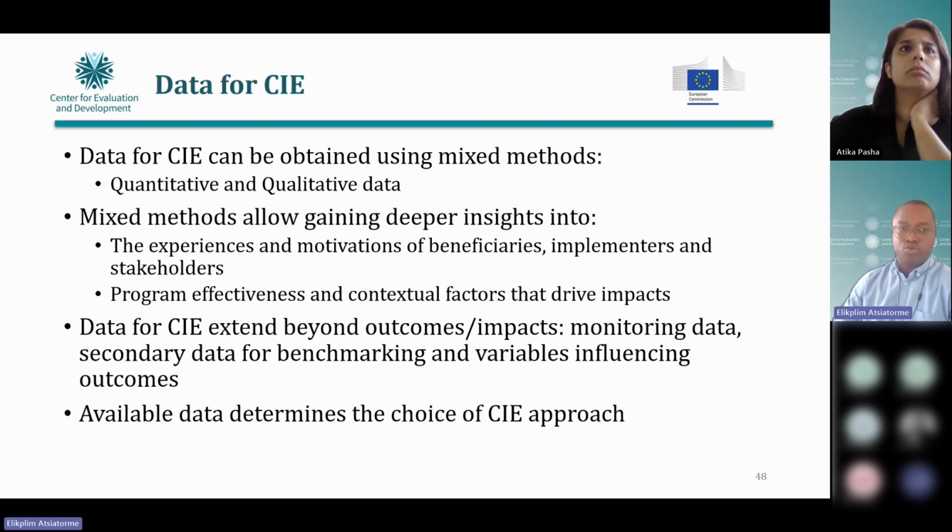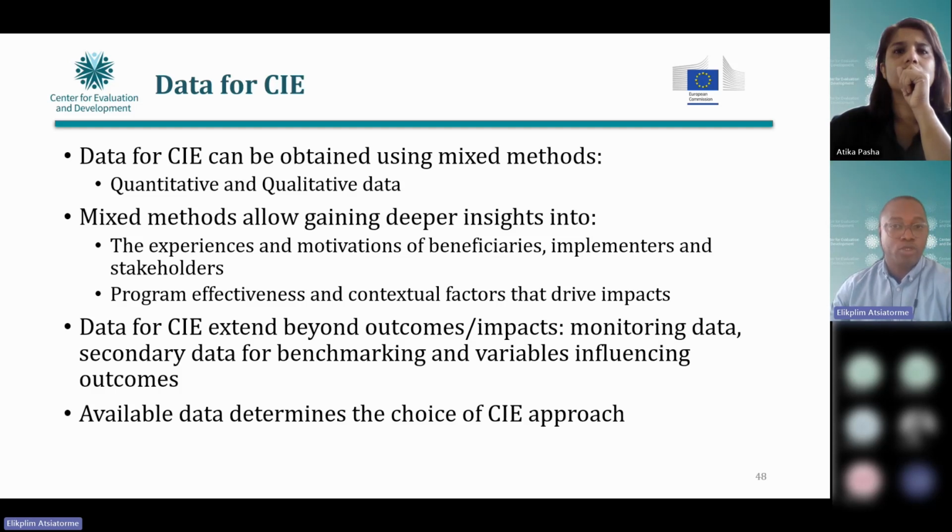And we also stressed the importance of data by talking about some of the other uses that we could use the data for. And we talked about how monitoring data in itself is very important for counterfactual impact evaluations. In as much as data is important in performing the impact evaluation itself, collecting data for monitoring purposes is helpful for the project implementers on their own, because it gives you an idea of what you are putting into the project and what you are getting out of it.